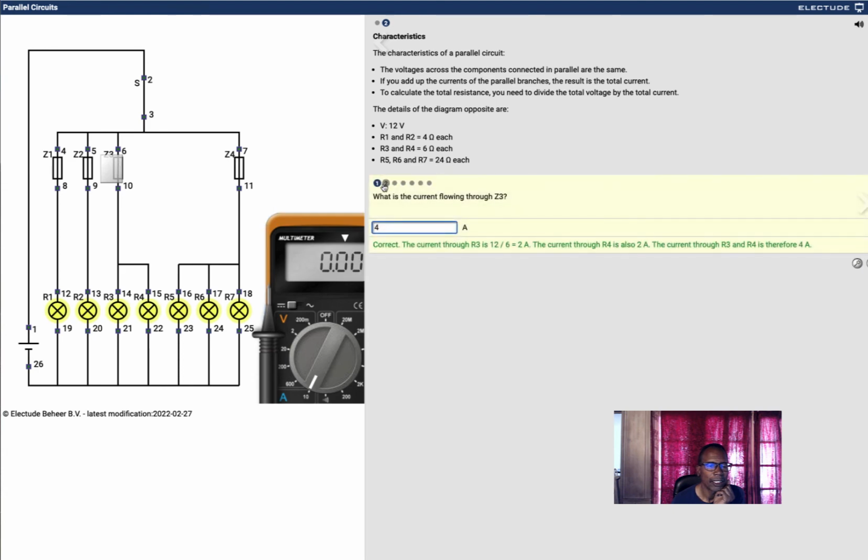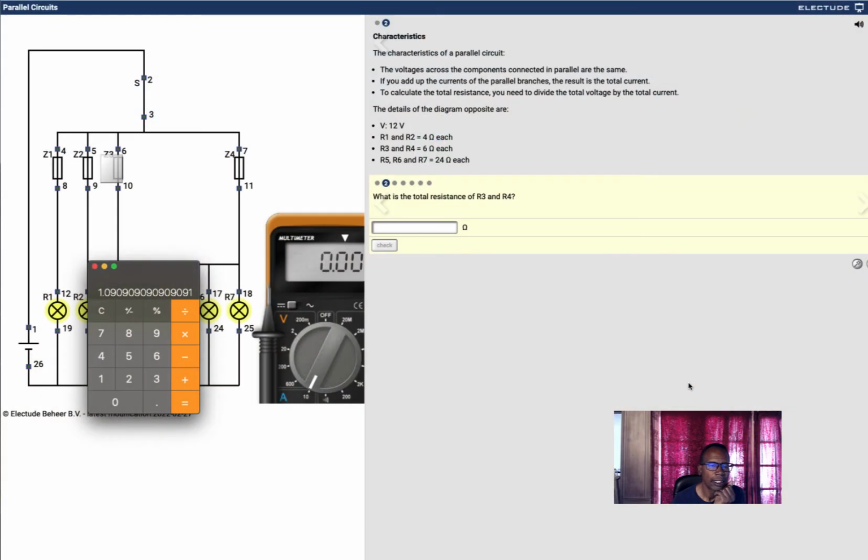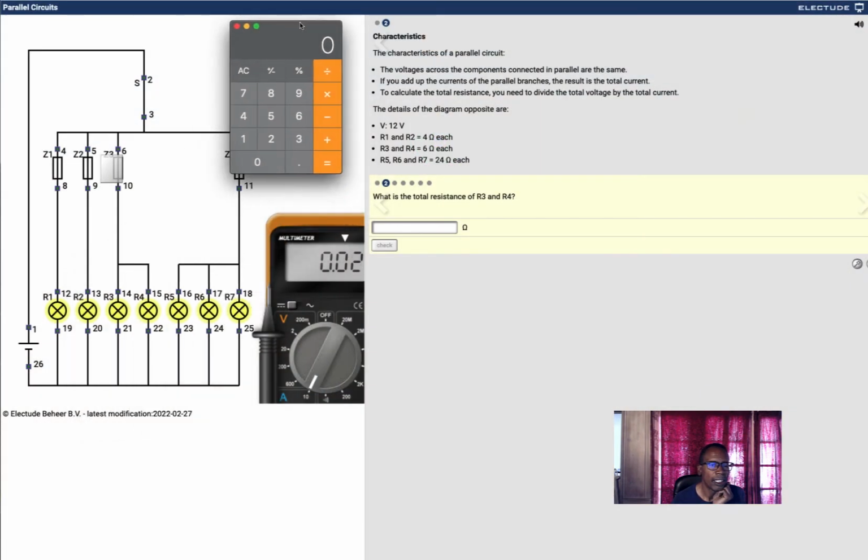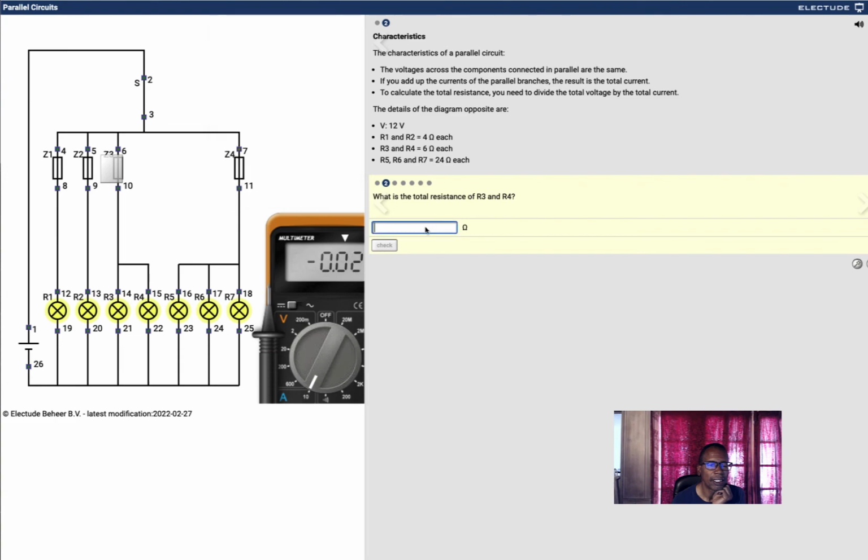You can do it like this. We could get the calculator again. 12 volts divided by 4 amps equals, my resistance is 3.